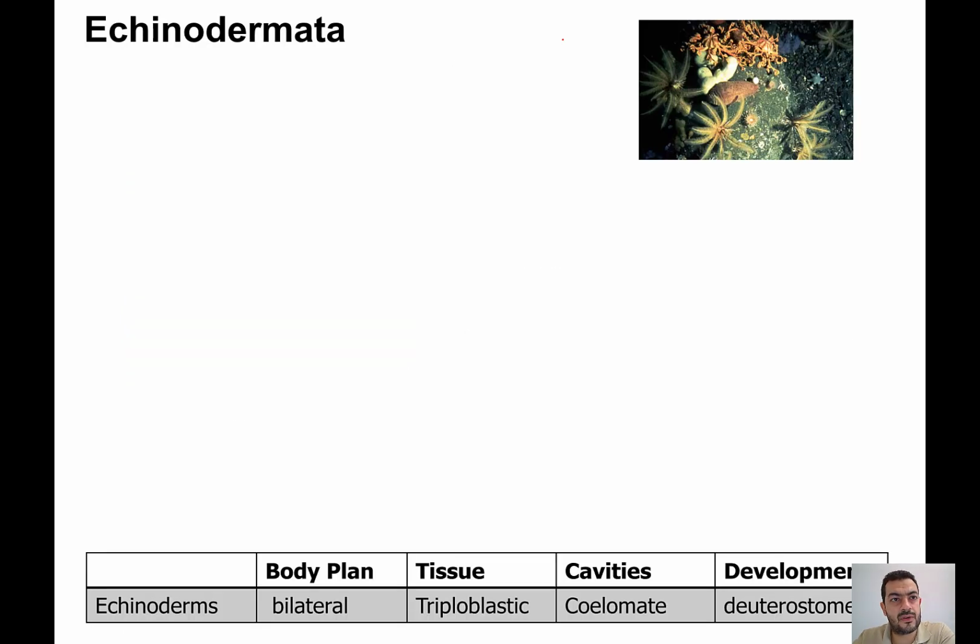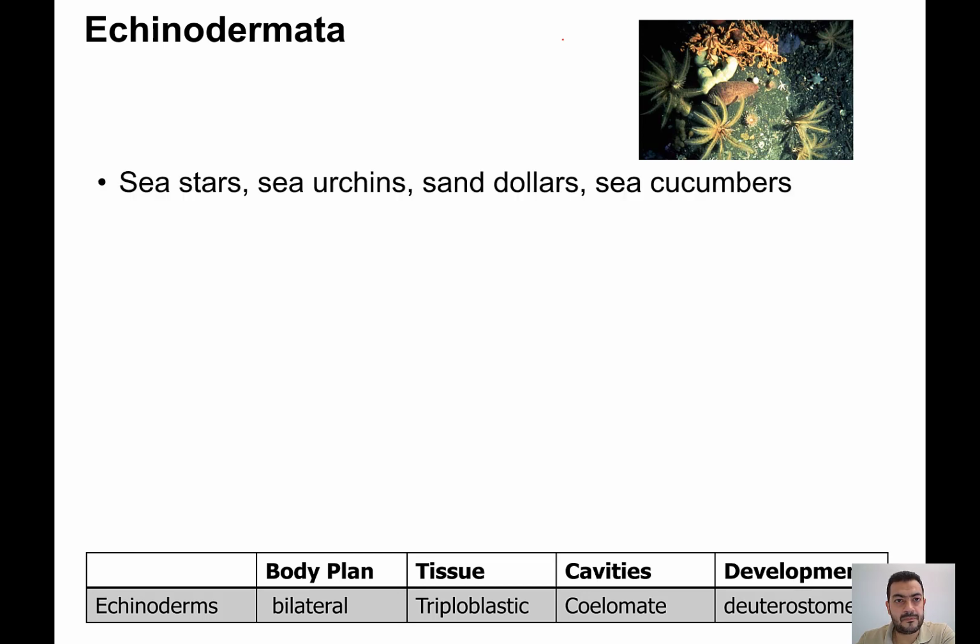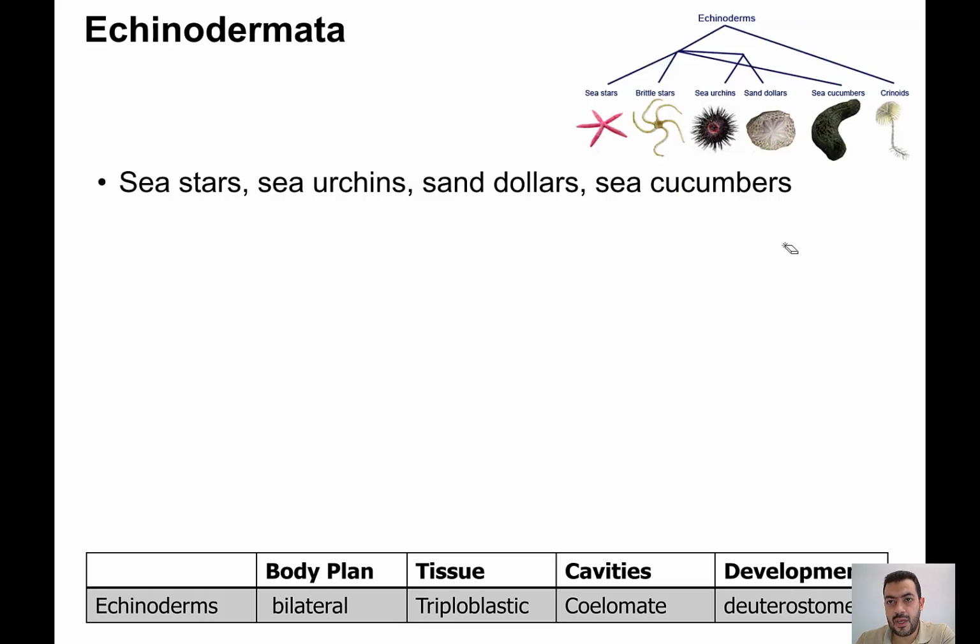So starting with the first division, we have the Echinodermata. This includes the sea stars, the sea urchins, sand dollars, and sea cucumbers. Most of them are shown in this image, and also in this one they are shown in a clearer way.